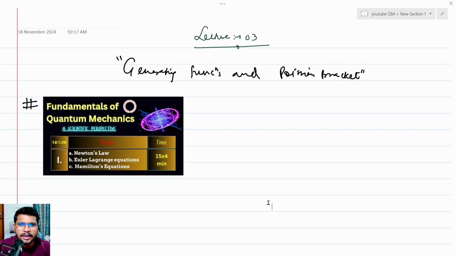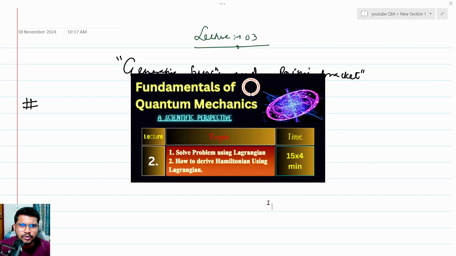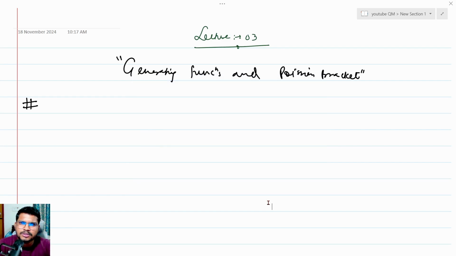And from there, we formulated how we can find the Hamiltonian equation. And most importantly, we have seen how to use the Hamiltonian equation to find the equation of motion. Now today, before I start another section, generating function and Poisson bracket, that is the most important part of Hamiltonian mechanics.